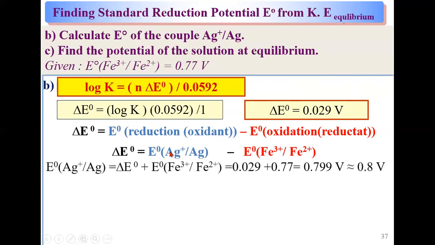Solve for the E naught of the Ag, since we have the delta E naught: it will be delta E naught plus E naught of the Fe couple. Again, you can call this E naught of the cell or without the delta as you wish. Solve, and you get 0.8 for the E naught of the Ag.